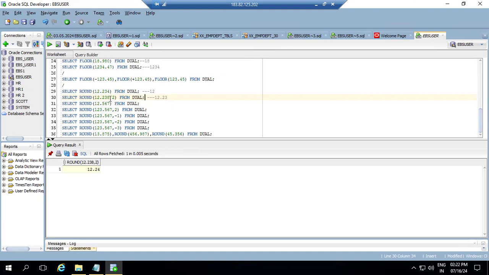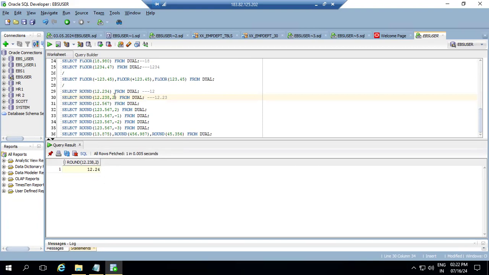Here it is more than 5, so obviously one is added to it. As I told, it is greater than 5, so one is added. While executing, you mentioned the decimal places 2, so it is 12.24.